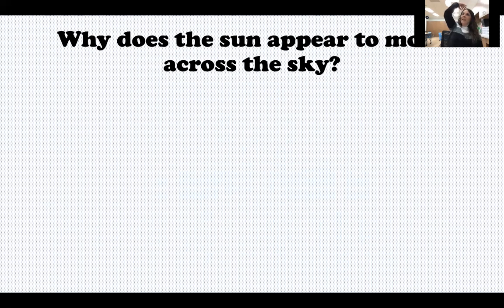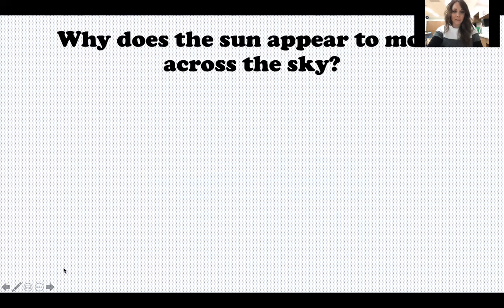And then later in the evening tonight, when I am finishing up here at school and driving home and getting ready to make dinner, the sun will be over here in the western part of the sky. So I want to know, why does the sun appear to move across the sky? Is the sun actually moving, or is something else happening?